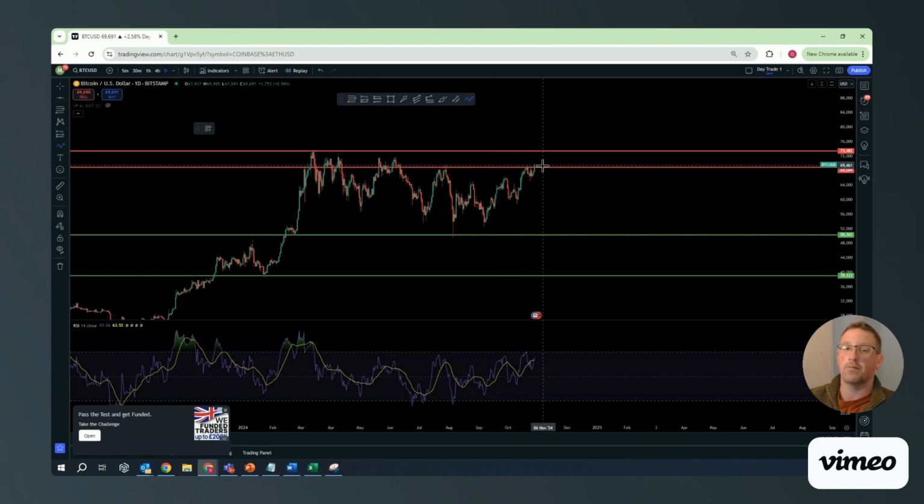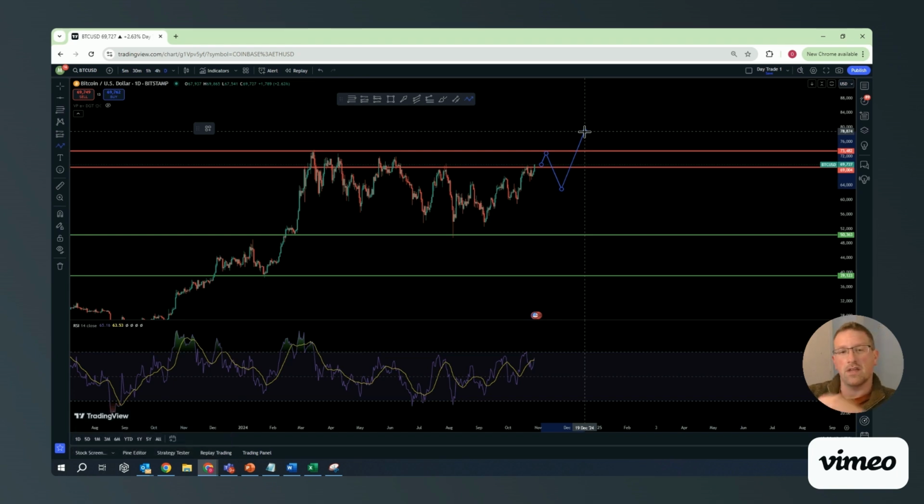What happens potentially, not always, doesn't always happen, when we reach here? Maybe we see more sellers come in and try to push the price back down, maybe to this level, or somewhere near there, where more buyers may come in and push the price up into price discovery. We've got the elections around the corner, so price action is a bit volatile. But again, you can see the same kind of sequence happening.